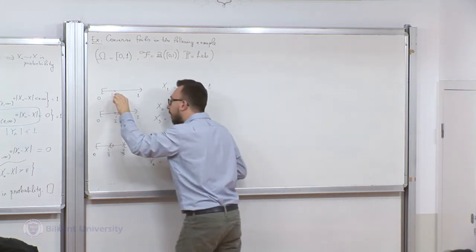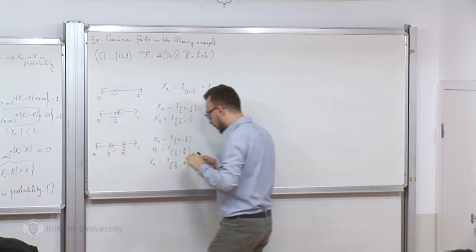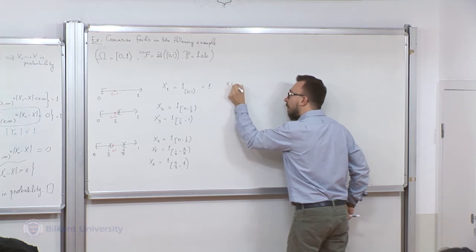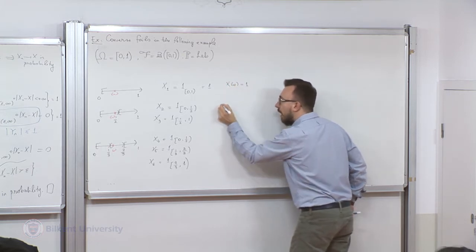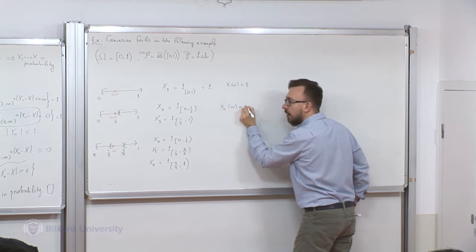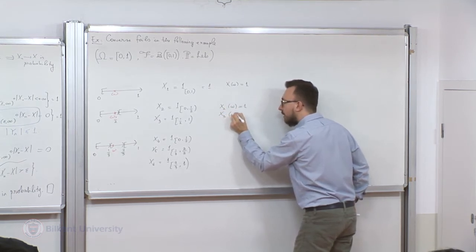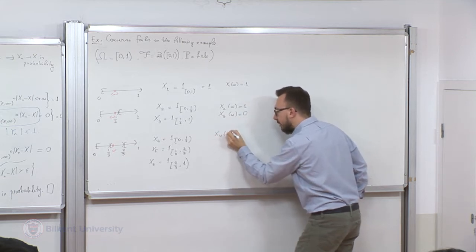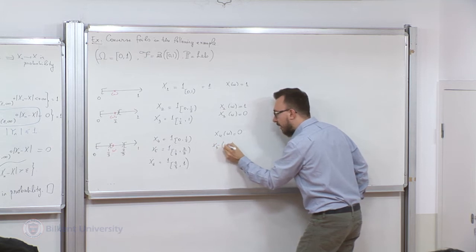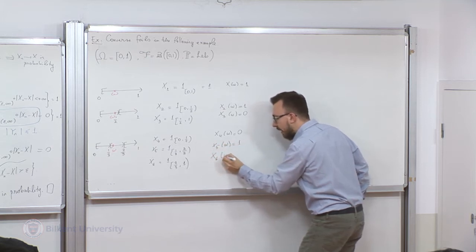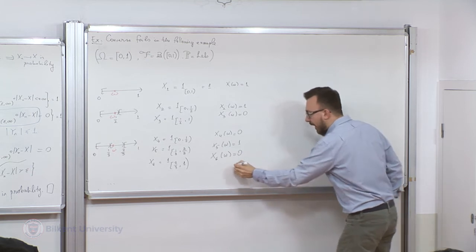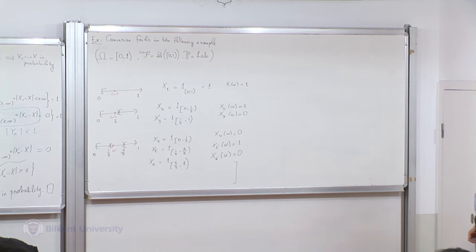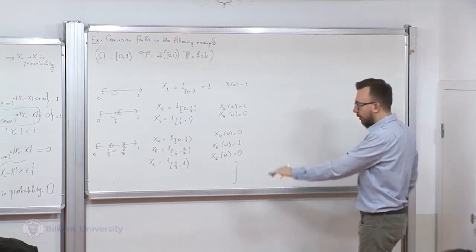So x1 of omega is 1, x2 of omega is 1, x3 of omega is 0, x4 of omega is 0, x5 of omega is 1, x6 of omega is 0. In the next batch, you're going to have 4 random variables. 3 of them are going to give you 0, 1 of them is going to give you 1, and so on.